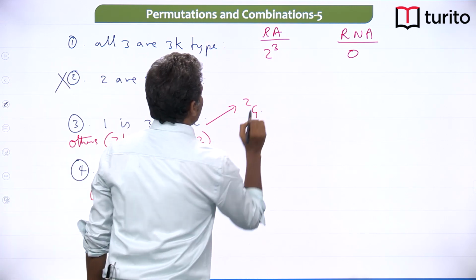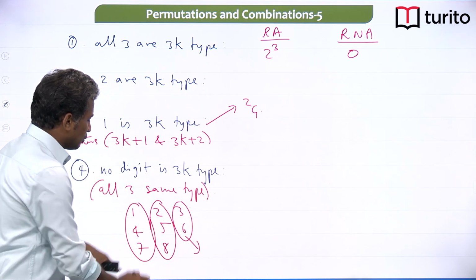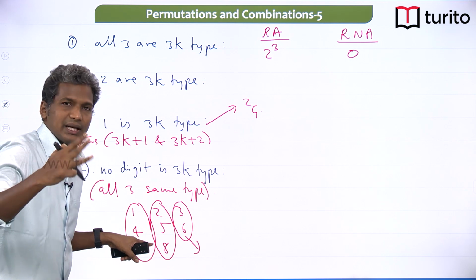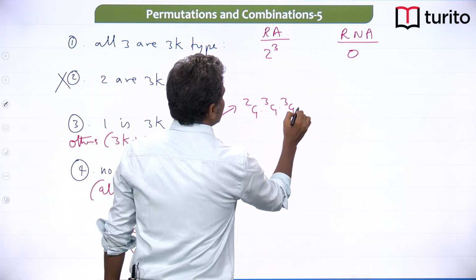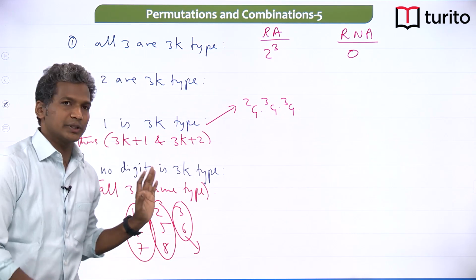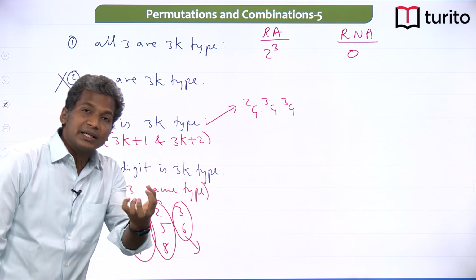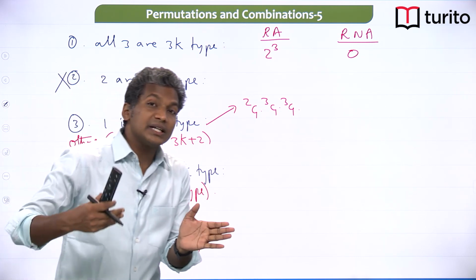From this 3k type group, there are only 2 numbers available. So in 2C1 ways I will select one digit, and similarly from the second group and from the first group there are 3 available each. So I will select one digit from each in 3C1 ways. So 3C1 into 3C1 for both groups. Now that I have selected 3 digits, remember each digit is coming from a different set.